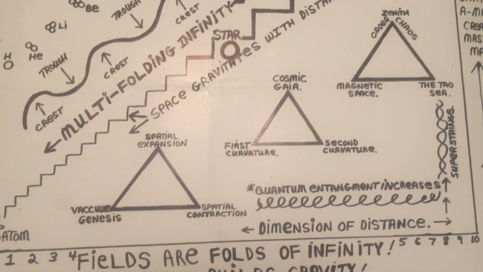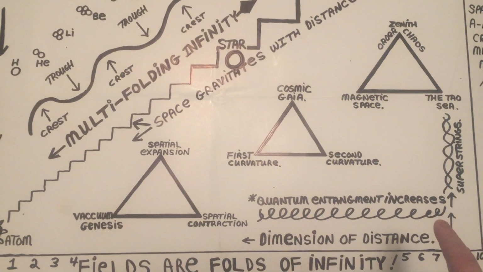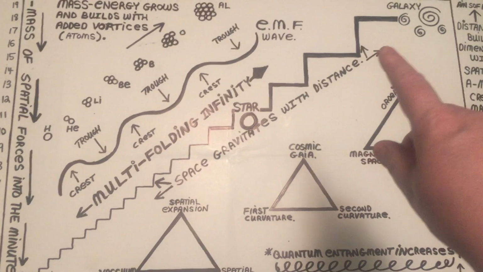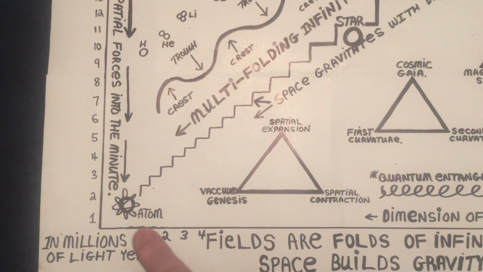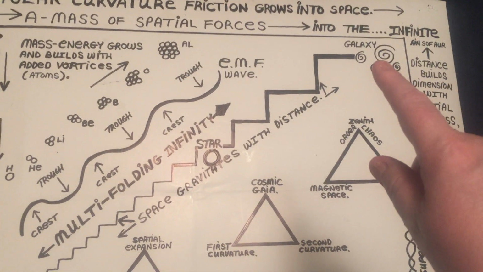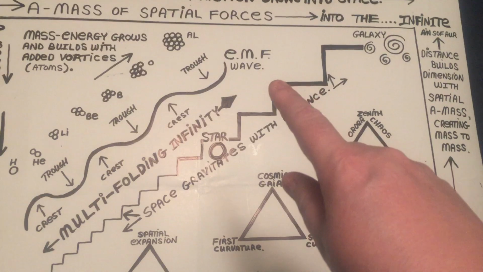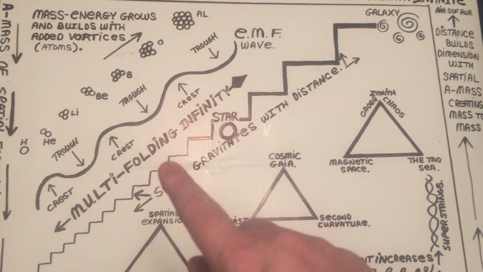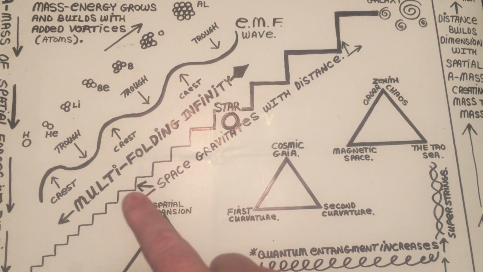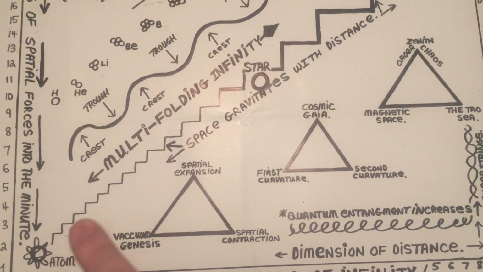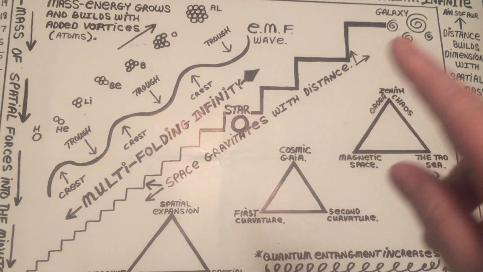Quantum entanglement increases as the dimensions of the universe expand throughout infinity, moving from the atom all the way up into the size of galaxies. We see that space is folding, multifolding into physical structures, wave patterns that produce atoms, molecules, and so forth, back down to the atom, and back and forth the same.